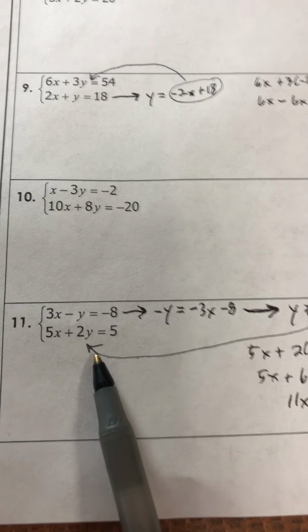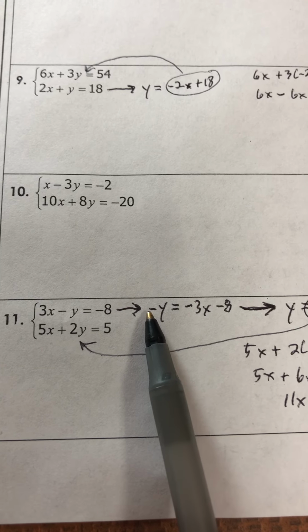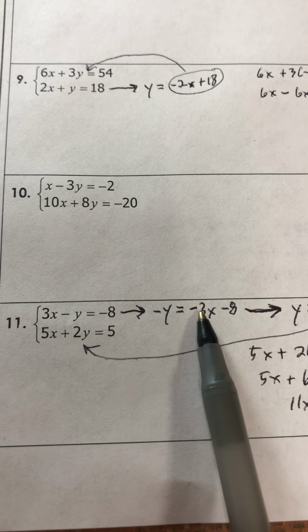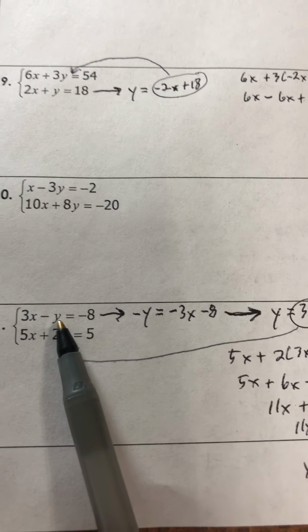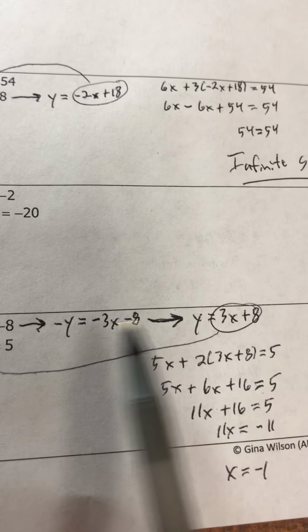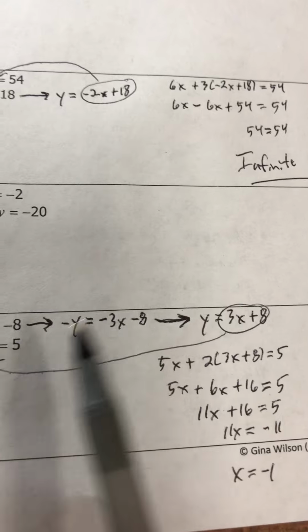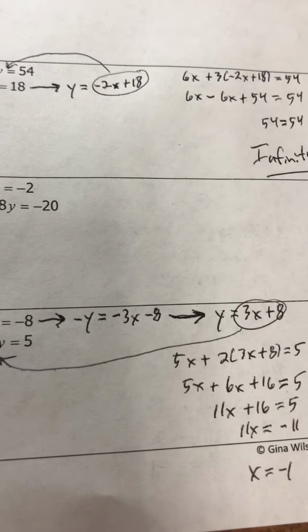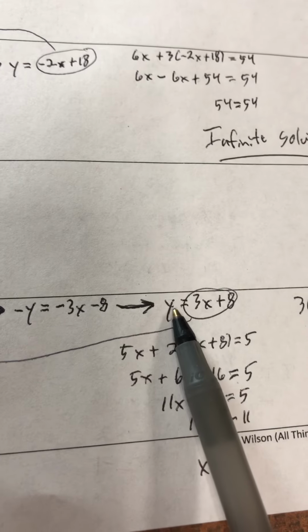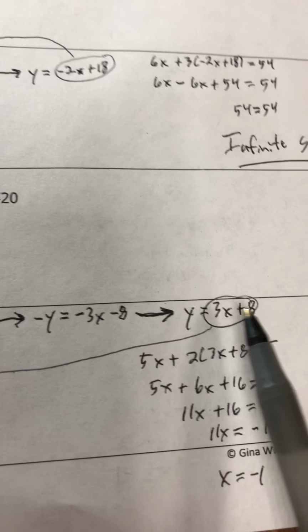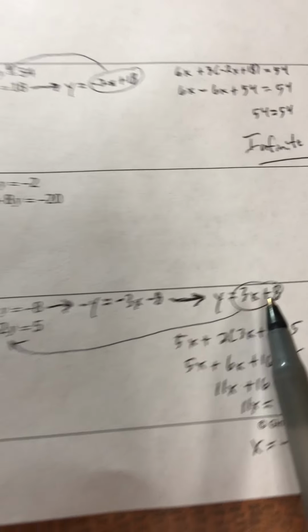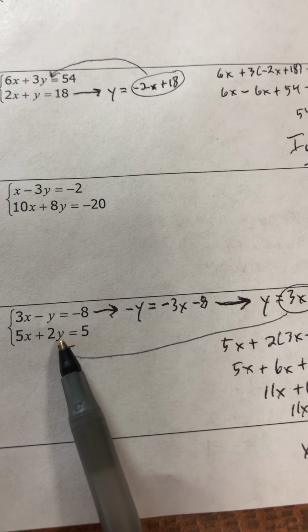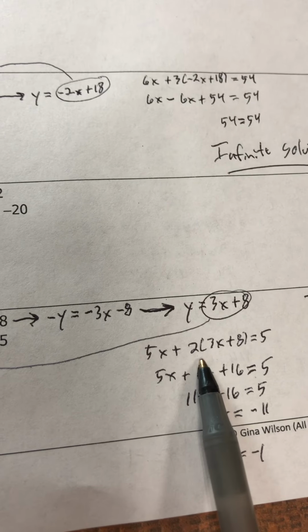For number 11, I just rearranged this one. I subtracted 3x from both sides, but then it tells me what negative y is. This is a minus y. So then I have to multiply both sides by -1 to get just y by itself. And so I end up with y equals 3x plus 8. Plug that into my y value. Here it is.